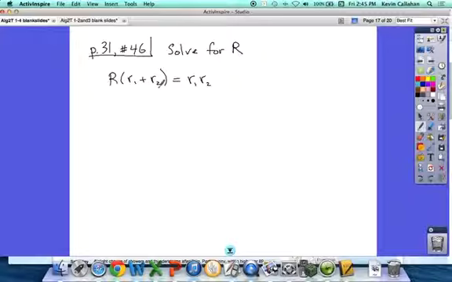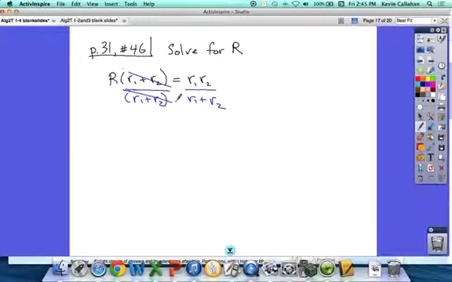And what's the operation in between the capital R and the sum of R1 plus R2? That's a multiply, right? So in one step, divide by R1 plus R2. Right? And then that cancels, and you're done.